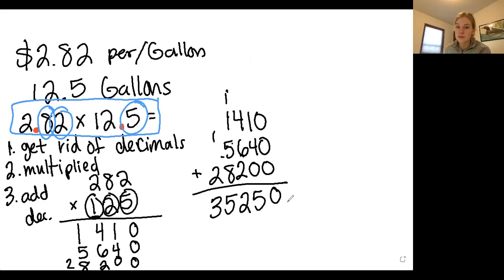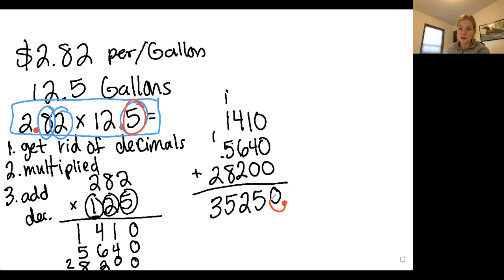Once you know that, let's imagine our decimal point down here. So technically, that is our total, 35,250. But we need to add back our decimal points. So what we do is we actually move our decimal point three places to the left because of our 3 digits that are to the right of our decimal point.